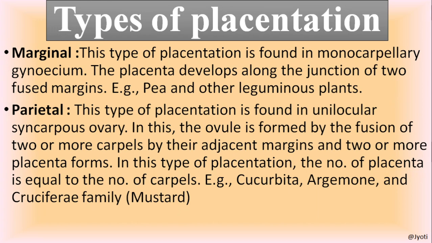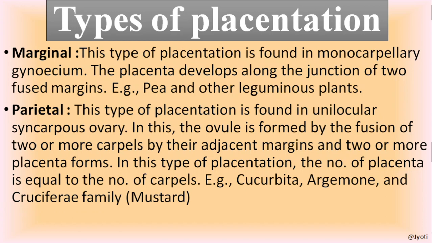The different types of placentation are as follows. First is marginal placentation. This placentation is found in a monocarpellary gynoecium. So children, here you have to remember in which type of flower, which type of placentation is present, or what the condition of the gynoecium is.